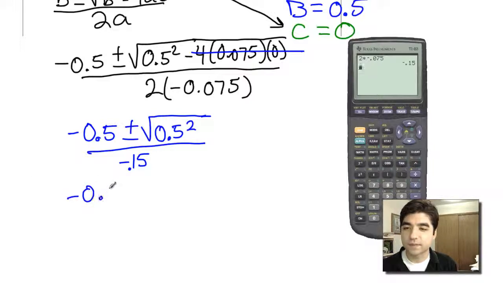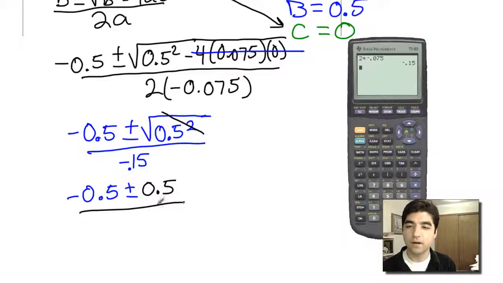Okay, so keep going. Plus or minus. Notice that the square root and the squared, this just cancels out. They're opposites of each other, kind of like plus and minus. So square root and squared, they cancel out. And then you just get 0.5, all over negative 0.15.